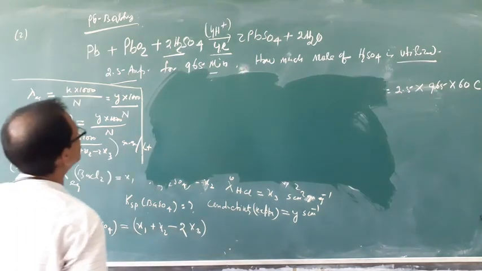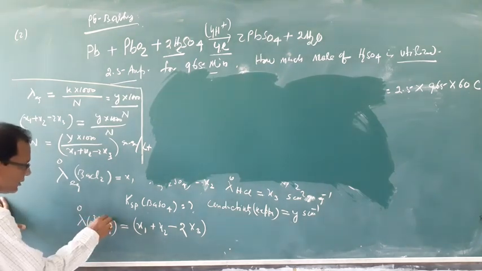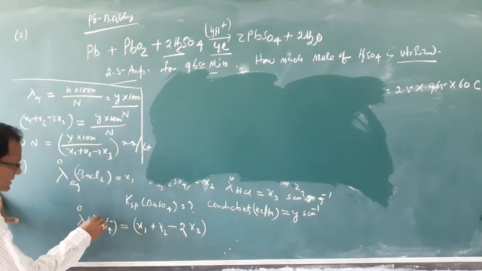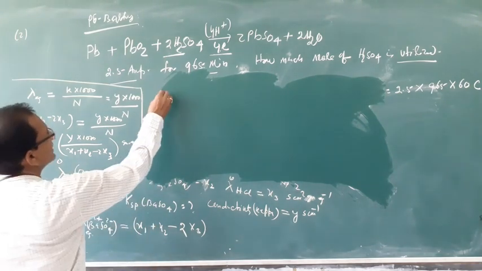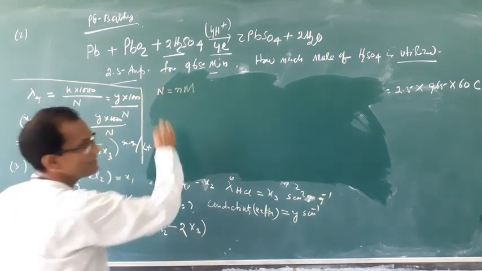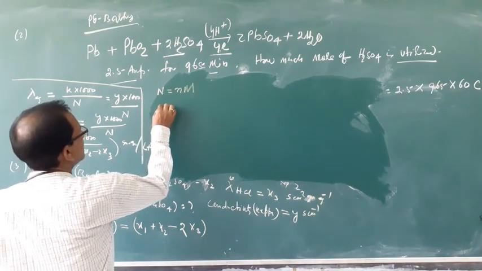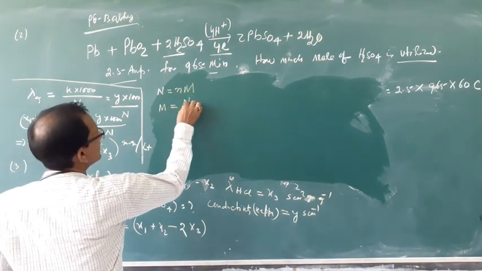We know that in barium sulfate, the valence of barium is 2, so 2 plus and 2 minus. We know that normality is equal to small n into molarity. Already you know this formula. That means molarity is equal to normality by n.